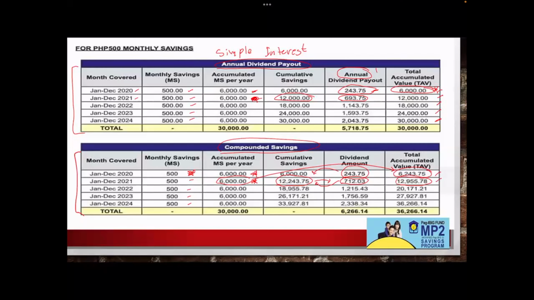As you notice, meron kang total dito na 36,266.14, while dito is 30,000. Now, ano yung mas maganda? Kung mag-i-invest ka sa something na ganyan, ang pipiliin mo lagi is compounded. Huwag kang pipili ng simple interest kasi mababa lang yan. While in compounded, mas mataas. So, yun yung difference ng dalawa.